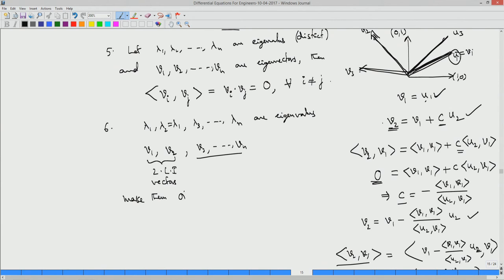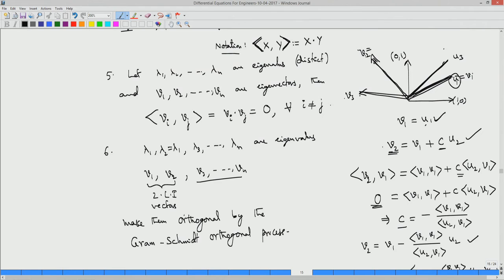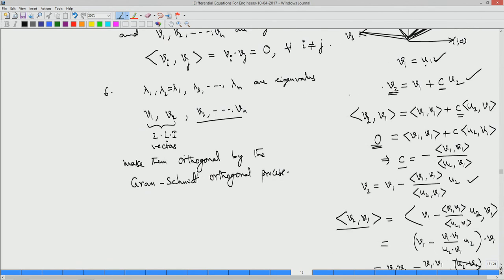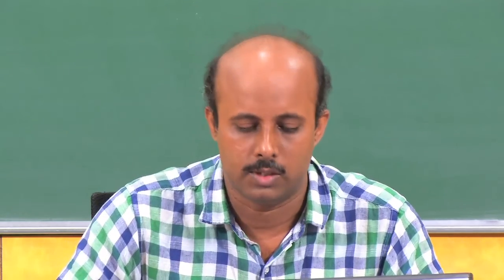Make them orthogonal by the Gram-Schmidt orthogonalization process. Here it is just explained in the plane or in space, but you can do this in any finite dimensional space. Any given linearly independent vectors, you can actually make them orthogonal by this Gram-Schmidt process.